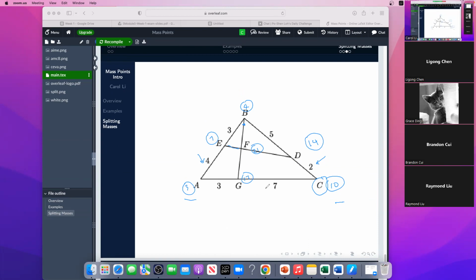The issue with splitting masses is you have to determine which side length is the one where you have to split masses. I actually think it might be side B, but I forgot the answer to this question. So maybe I'll try something different. Maybe it's 21. You actually have to test it out here. It doesn't quite work as well.